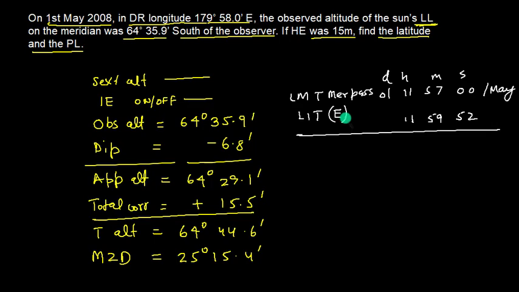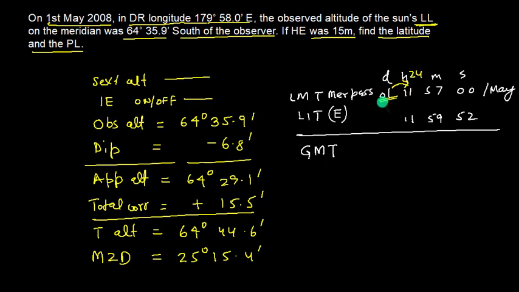So, we know that for longitude east, GMT is least, so we need to subtract from GMT. Now, if I need to subtract, I cannot subtract because this is 59 and this is 57. So, what I need to do is borrow 24 hours from here, 24 hours.